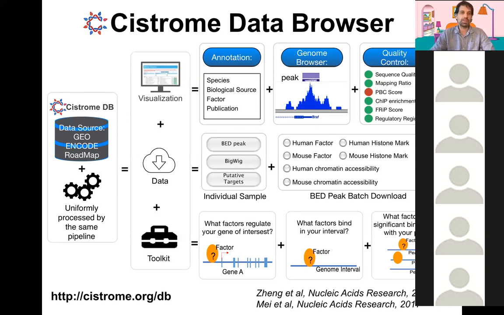So what the Cistrome Data Browser provides is data, as well as a means to find the data, to analyze the data, and also to do some visualization of the data. Our data includes both human and mouse data. And I will explain this functionality.